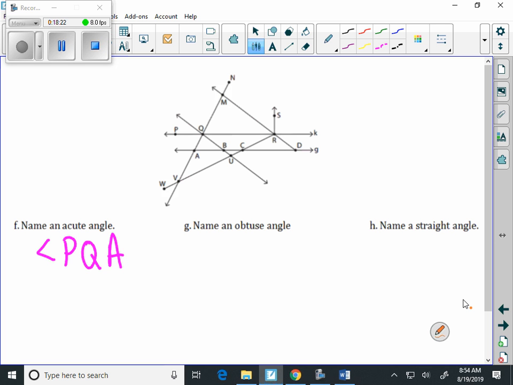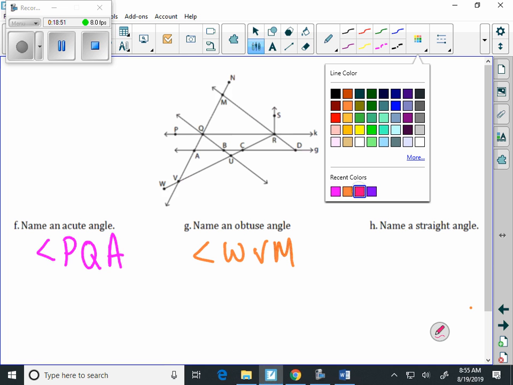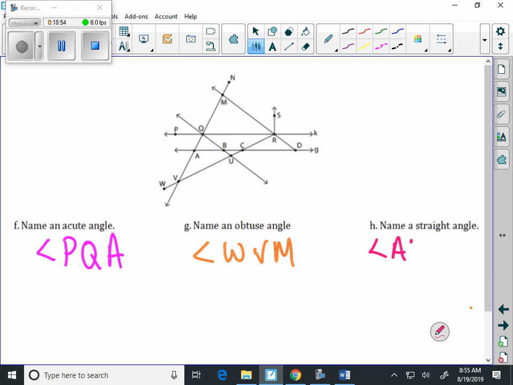Let's do angle WVM, and then a straight angle. We can do angle ABC, angle ABD. Again, multiple choices here. Just because your neighbor doesn't have the same answer as you does not mean that one of you is wrong.